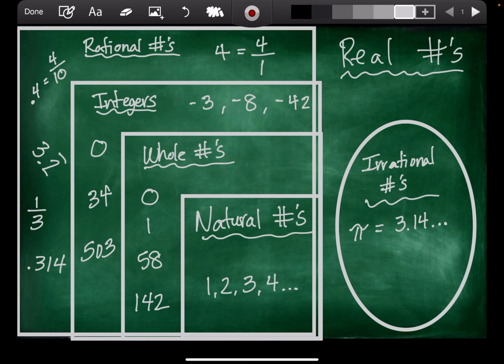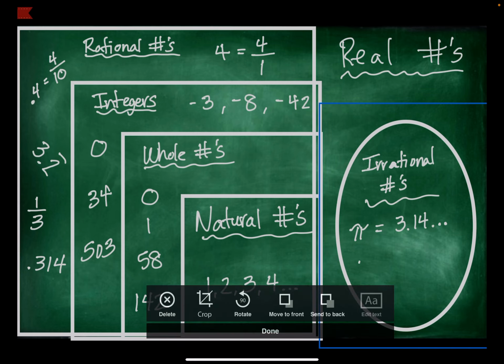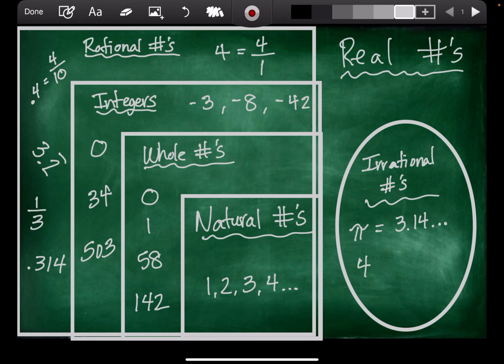So if you have a decimal that goes on forever with no repeating pattern, then it is an irrational number. Another example might be 4.21633, 3, 2, 4, 9, and just keeps going.